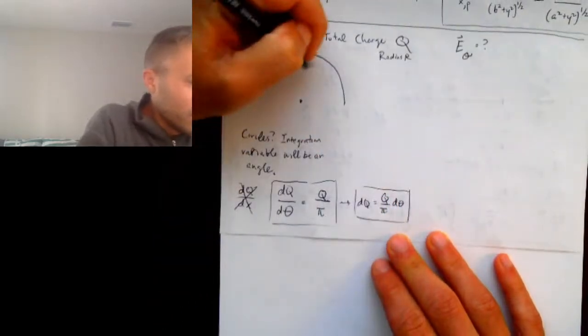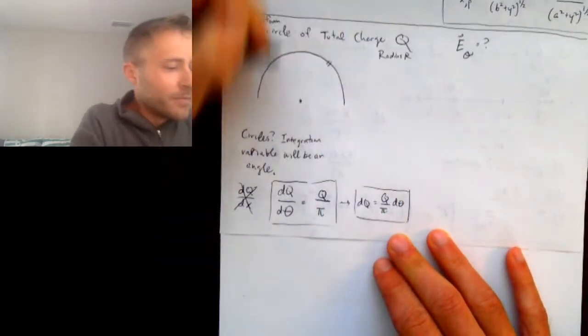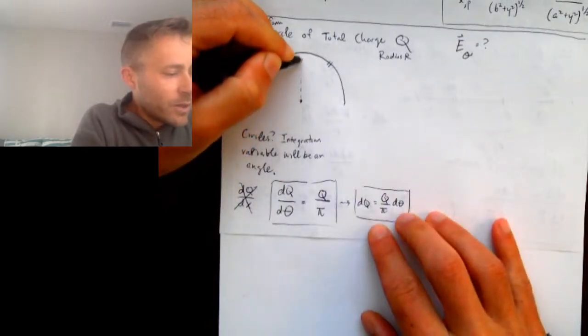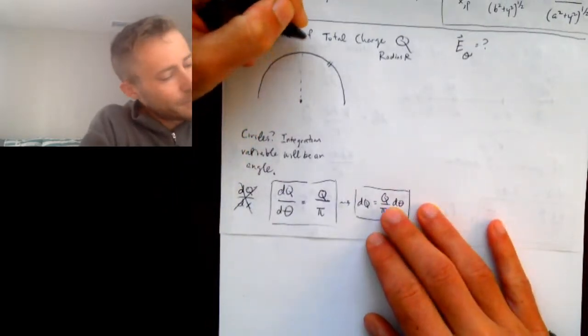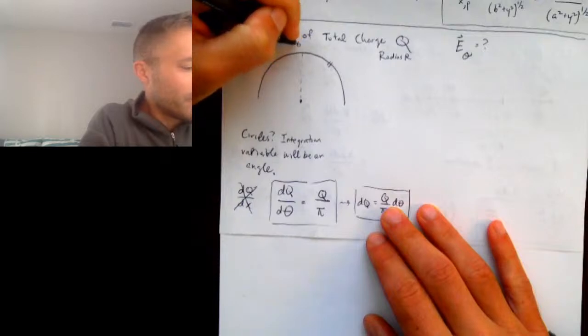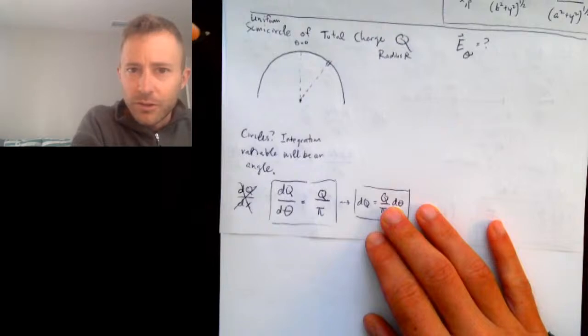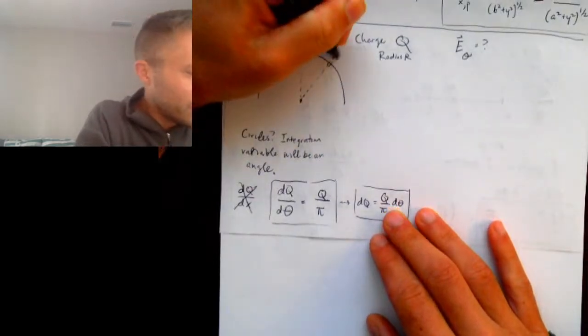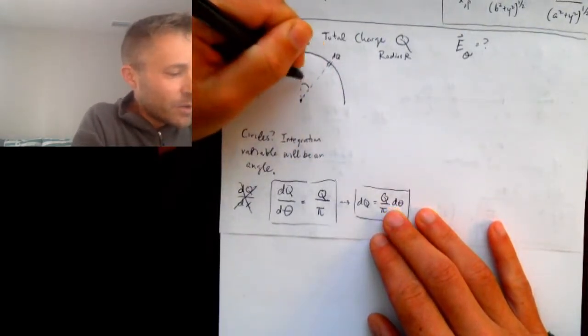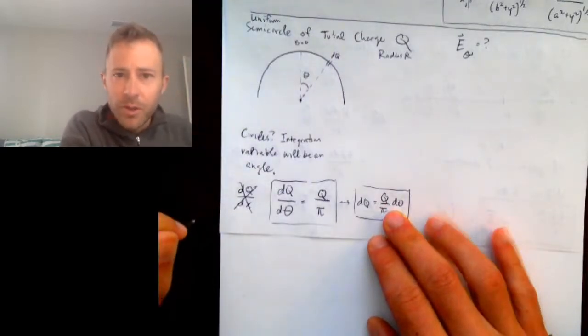Furthermore, now let's look at just a random piece of charge. Here is theta equals 0, and here is a random piece of charge. This is my dq, and it is located at some angle theta.